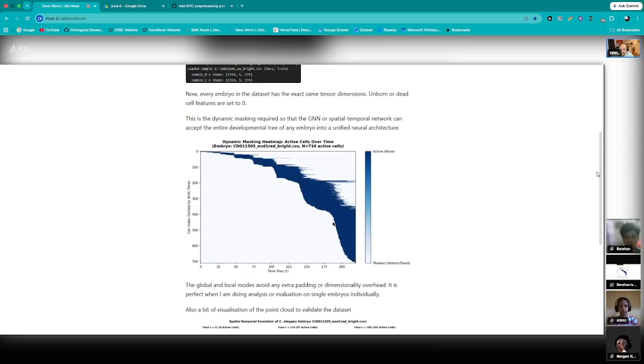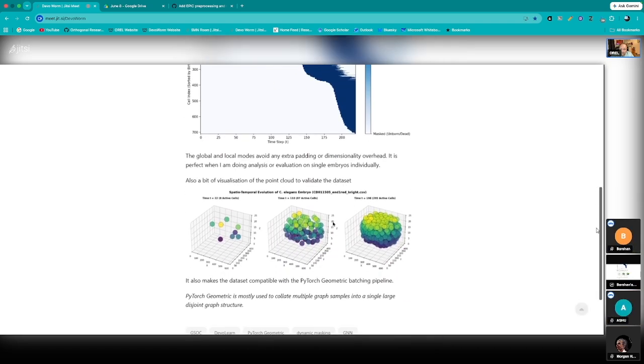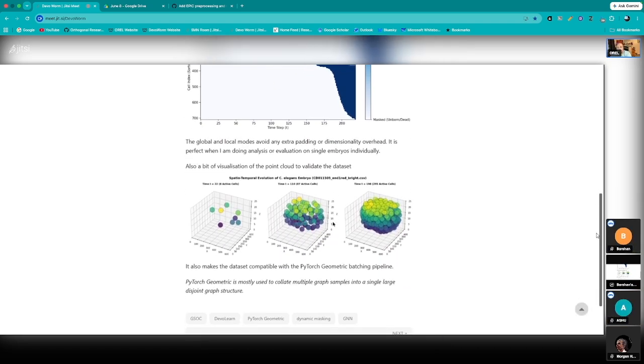And then the point cloud. There is the point cloud that has these points. We talked about how we use point clouds in the group, or how we've traditionally used point clouds: you can grow a point cloud, you can isolate specific cells, or you can expand it to the entire embryo.